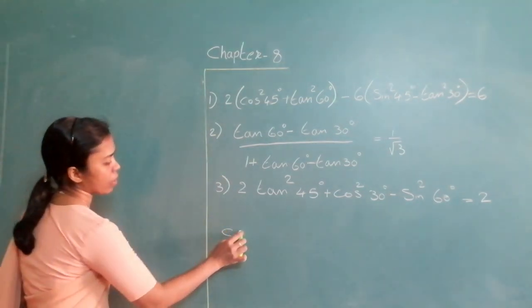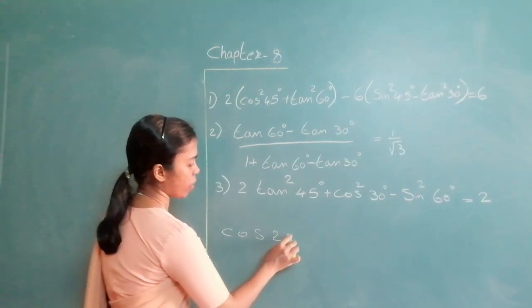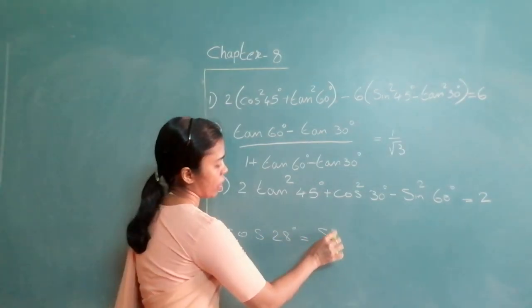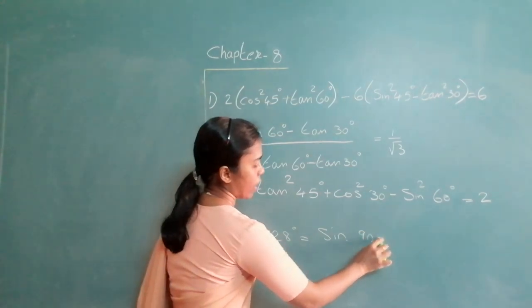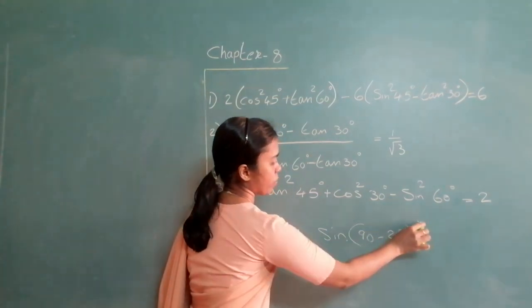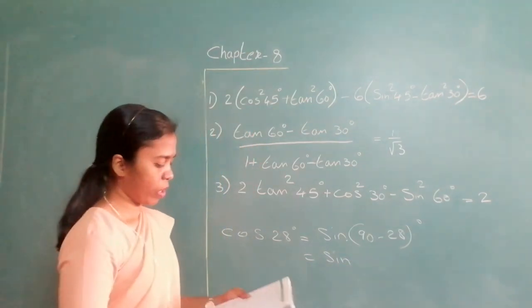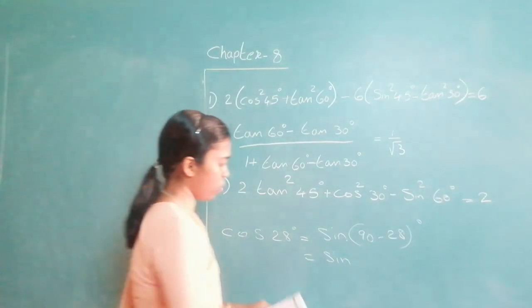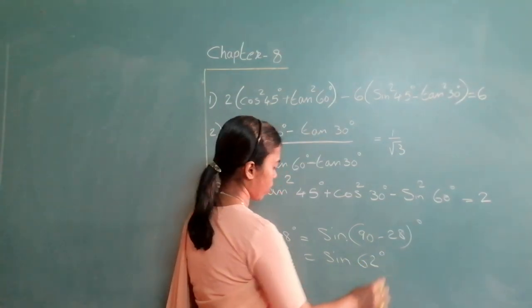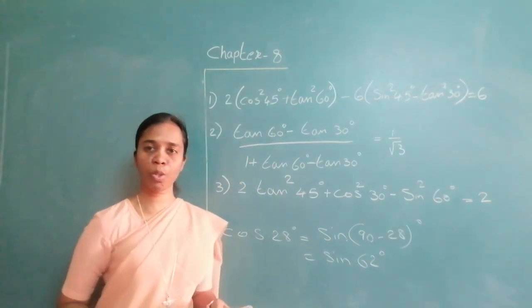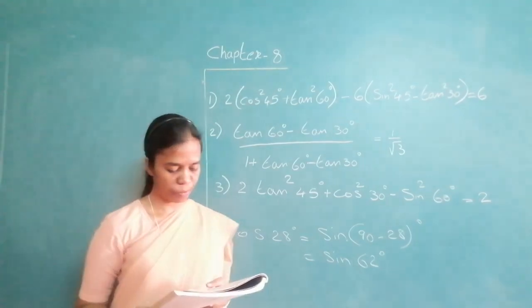So you can write cos 28 degree is equal to, cos theta is equal to sin 90 minus theta. Now that is equal to sin 90 minus 28, it will be the same as what is given over there, 62 degree. So instead of cos 28, you can use sin 62. So sin 62 upon sin 62, we get the answer.